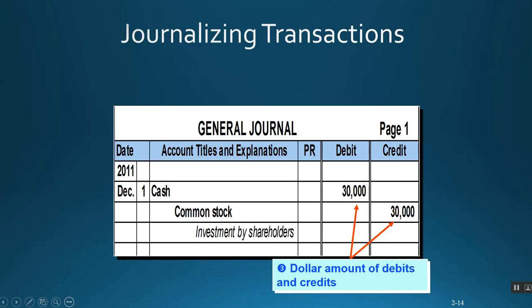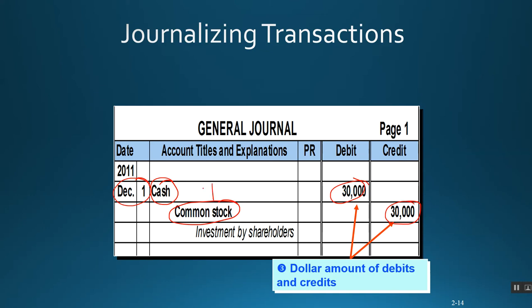So when we are recording or journalizing these transactions to the journal, we have to make sure that we record the date, the two accounts impacted, sometimes there's more, the value of those to determine if the account is increasing or decreasing, and then based on the increase or decrease, we record the value on the appropriate side.